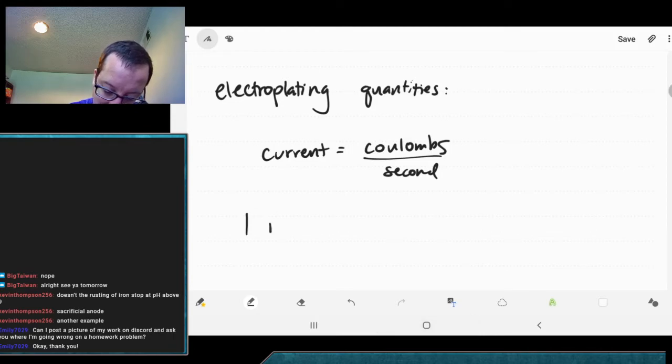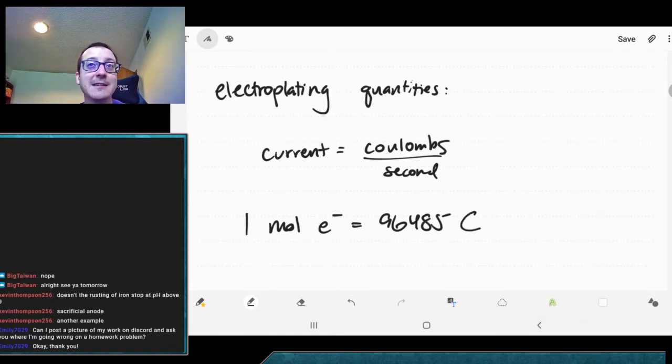Remember that 1 mole of electrons has 96,485 coulombs. That's Faraday's constant, remember?